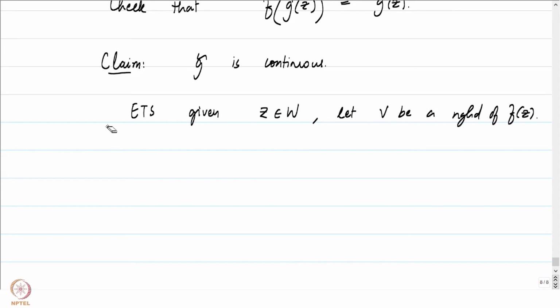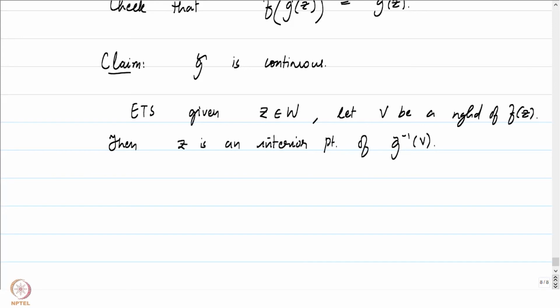Then z is an interior point of G tilde inverse of V. If we show this, we would have established that our map G tilde is a continuous map.